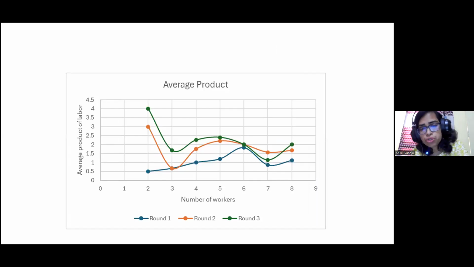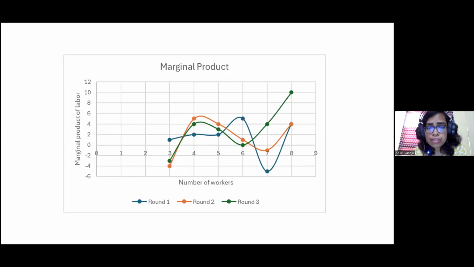It also increases, then there is a decline, and then there is an increase in the end. And this is marginal product, plotted across this 0 horizontal line. The firms are trying to increase the number of labor, keeping the capital constant, till you reach the point where the marginal product is 0, where increasing the number of workers by 1 unit doesn't add anything to the total output.